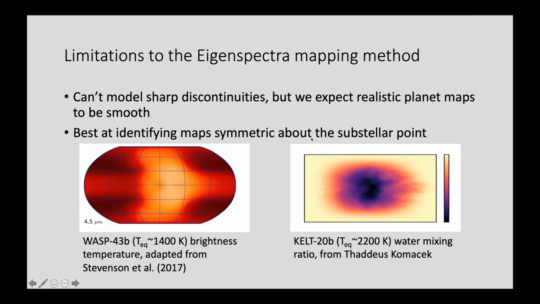And then on the right-hand side is the water abundance from a model of KELT-20, which is a relatively warm hot Jupiter. So you can see in both of these cases, these properties smoothly vary and we don't see any sharp discontinuities across the planet's day sides. So we expect in those cases that our eigenspectrum method would be useful for picking out those large scale gradients in these properties.